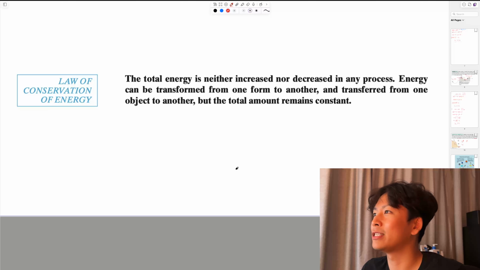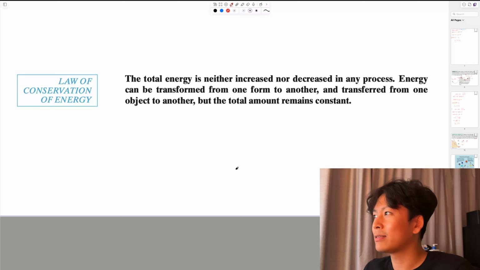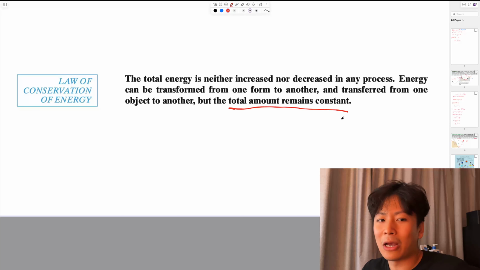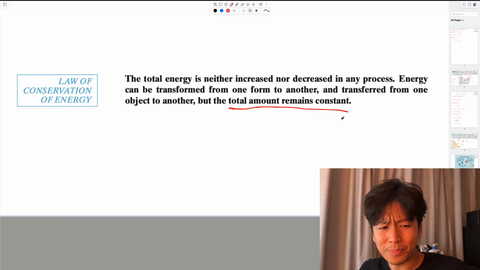Energy can be transformed from one form to another and transferred from one object to another, but the total amount remains constant. This applies also to non-conservative forces. We have seen that it applies for conservative forces, which is potential and kinetic energy. Fine, that makes sense. But it turns out this law of conservation of energy extends even further, right?